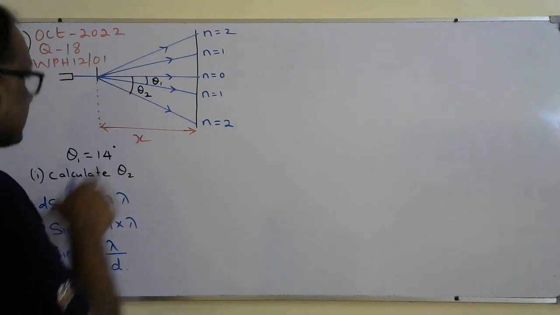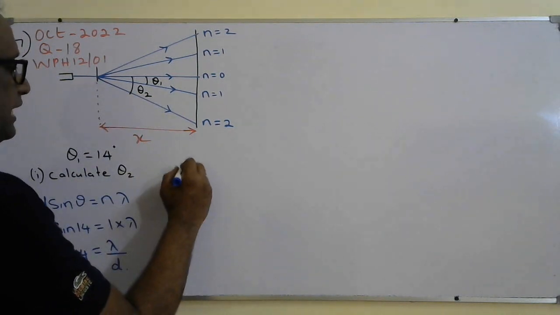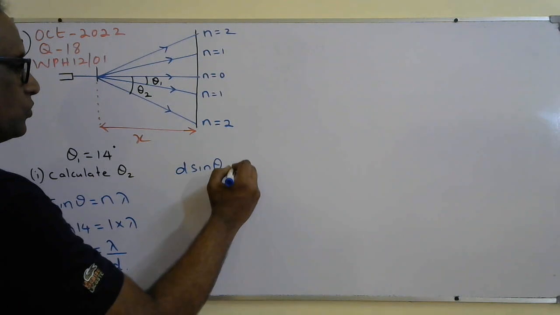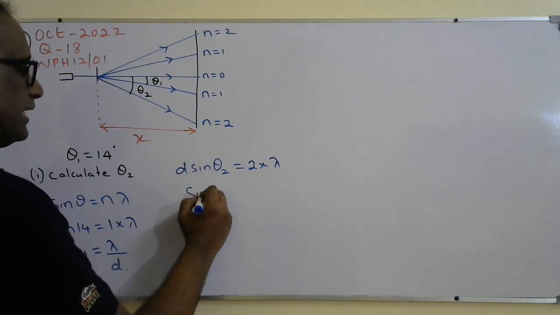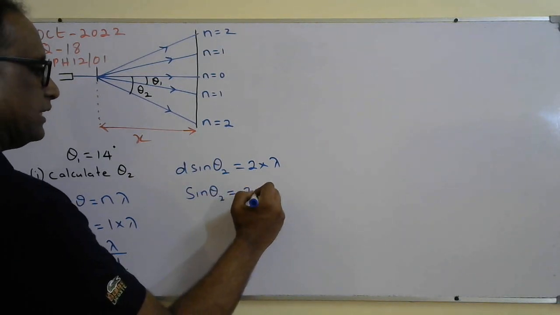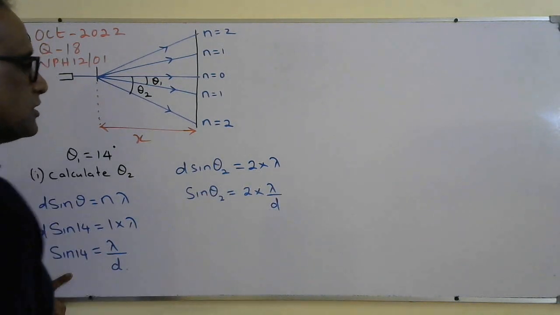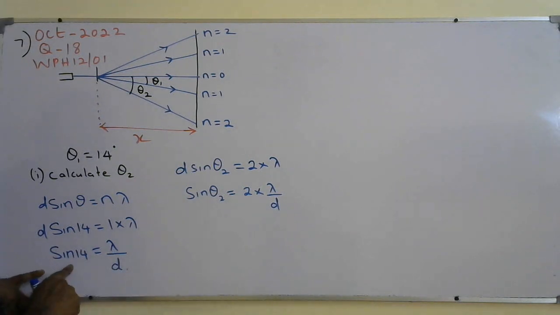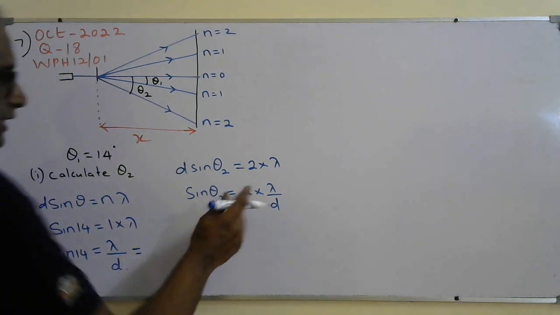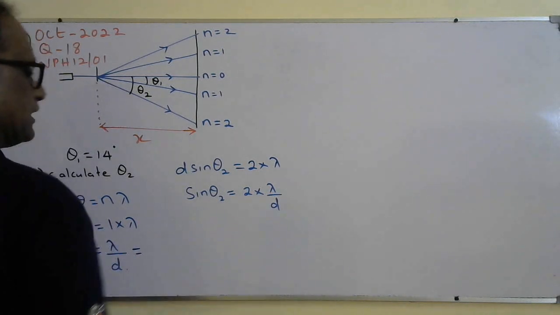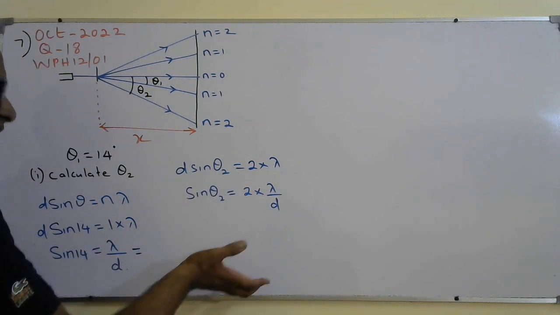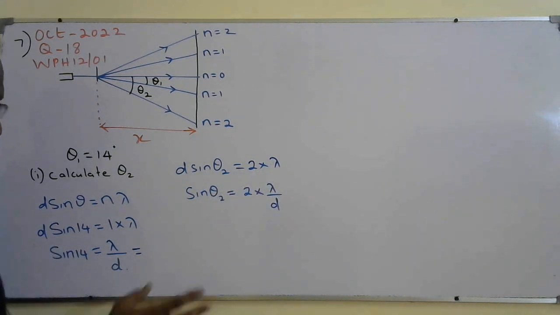So for theta 2, n equals 2. So d sine theta 2 equals n, equal 2, into lambda. So sine theta 2 equals 2 into lambda over d. We know that lambda over d is sine 14. You can find the value of sine 14 and substitute it here, or you can divide the two equations, anything you can do, but it's simple.